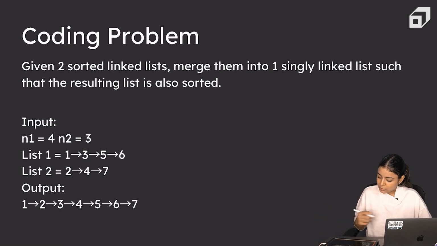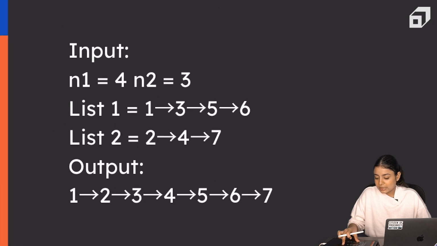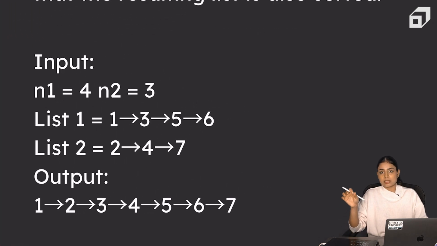This question says we are given two sorted linked lists and we need to merge them into one single linked list such that the resulting list is also sorted. So sorted meaning all of the values in my linked list are sorted in ascending order.